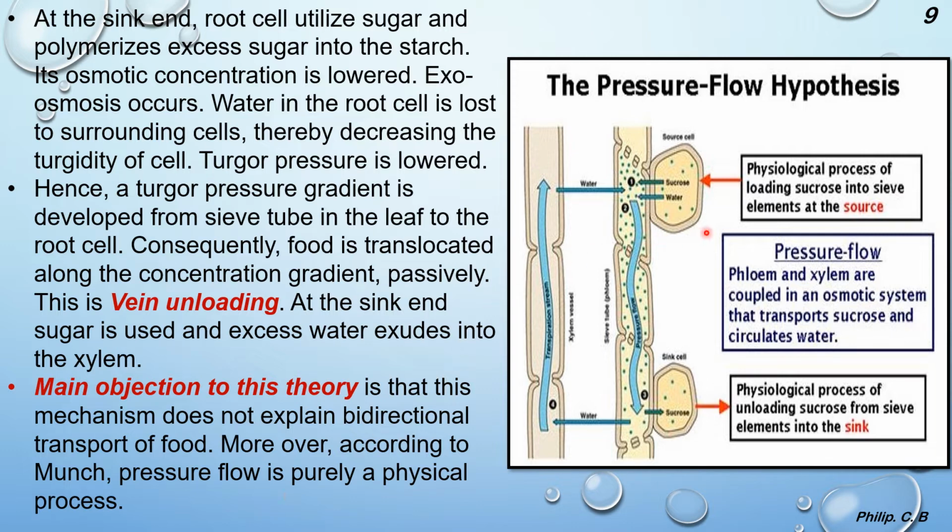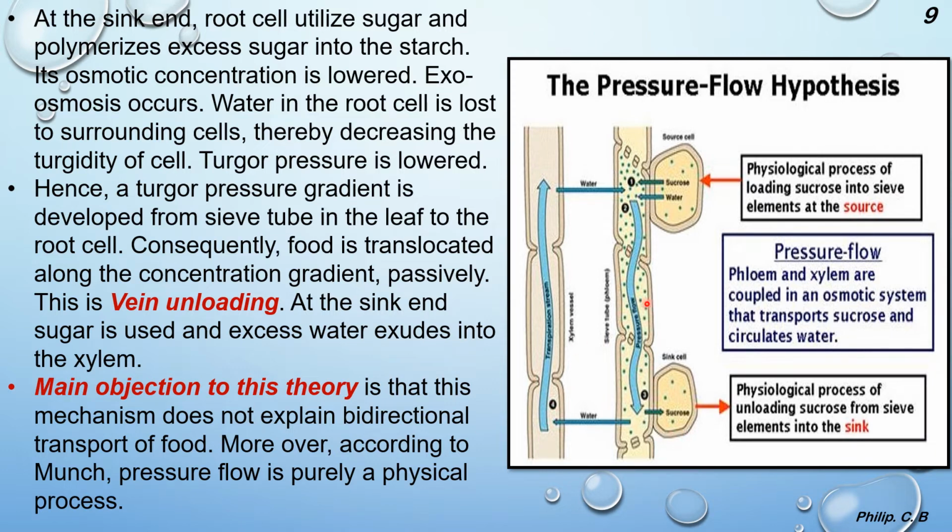So here, there's again a chart I added for a better understanding, the pressure flow hypothesis. Physiological process of loading sucrose into the sieve elements at the source. Again, it is something related to the earlier image which you saw in the earlier slide. Then here water molecules are there in the xylem region, this is the phloem region. From the source, that is over here, it reaches the sink cell, that is the sucrose which is reaching at this point.